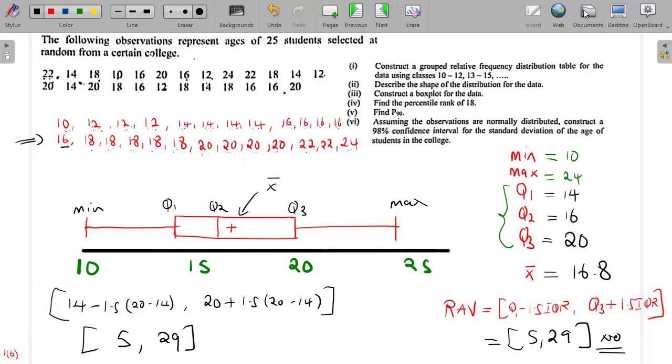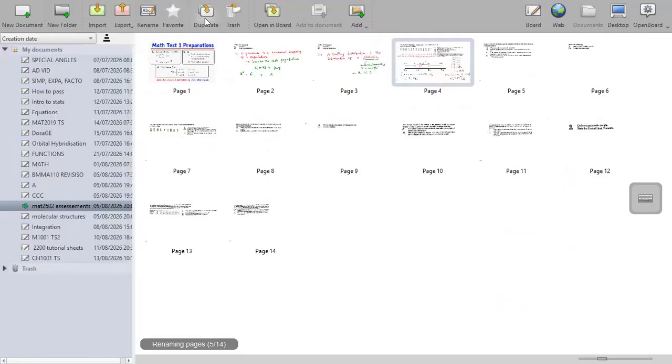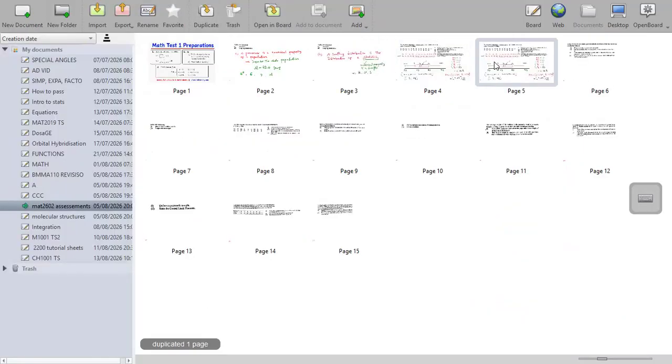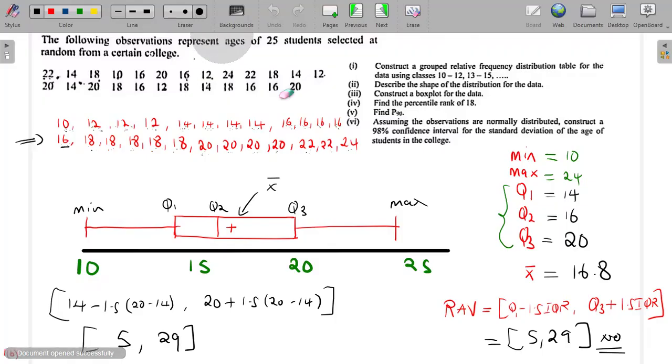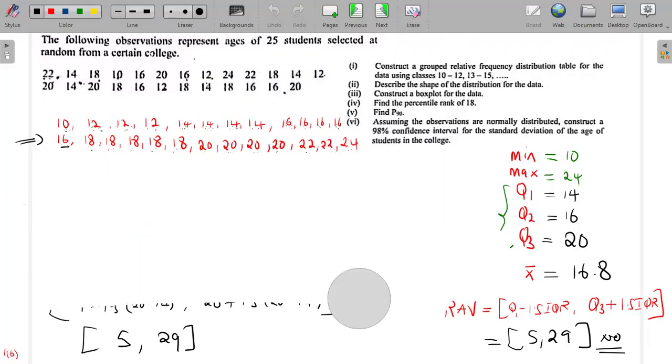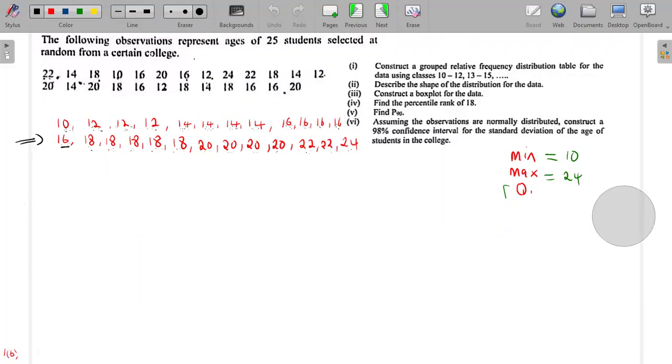Let me duplicate this so that the box still remains somewhere. Then I can erase this now. So how do you find the percentile rank? I just have to follow the formula.